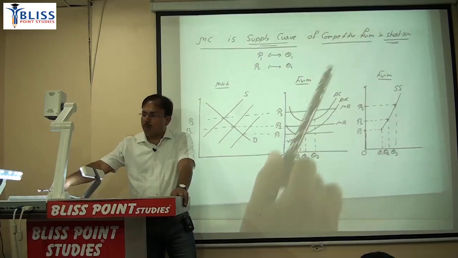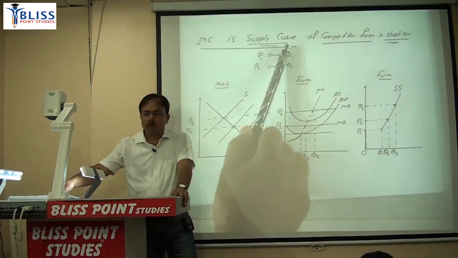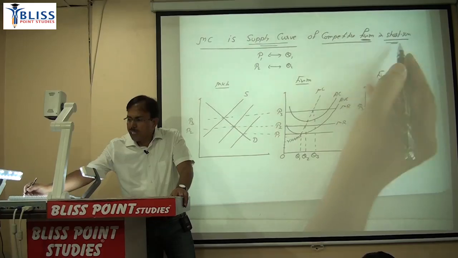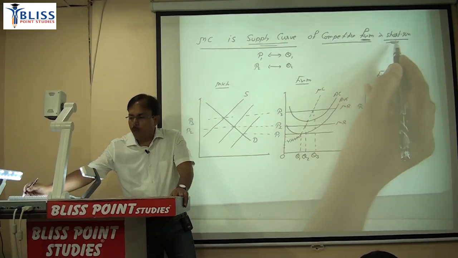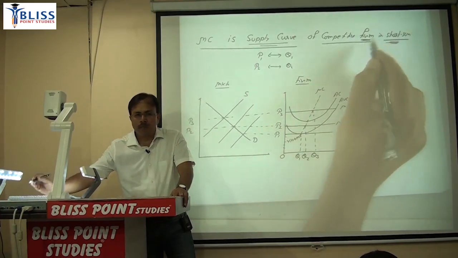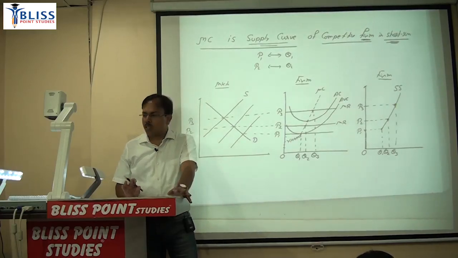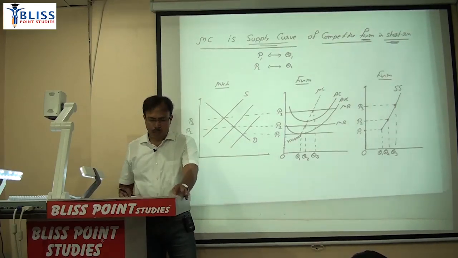So remember, under perfect competition, marginal cost curve is supply curve, and this is supply curve of one firm, and that too in short run. We have drawn supply curve for one firm, and that too in short run. So just write one paragraph below that.